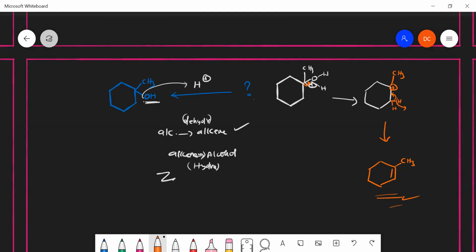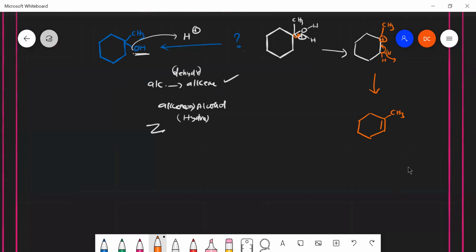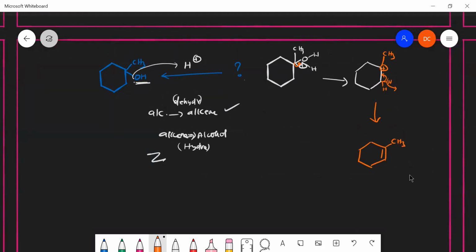If you have any doubt, you can check it by adding water, which follows Markovnikov. If you do hydration again with HOH, because it is an unsymmetrical alkene, it follows the Markovnikov rule.